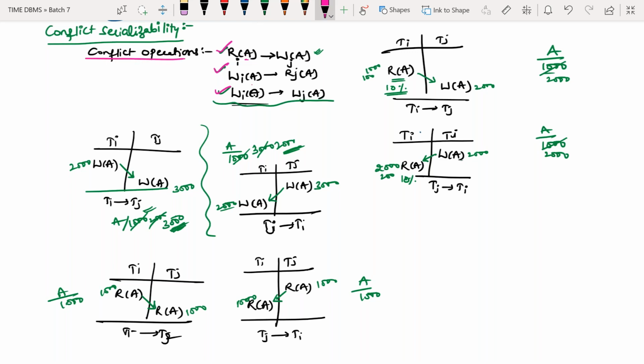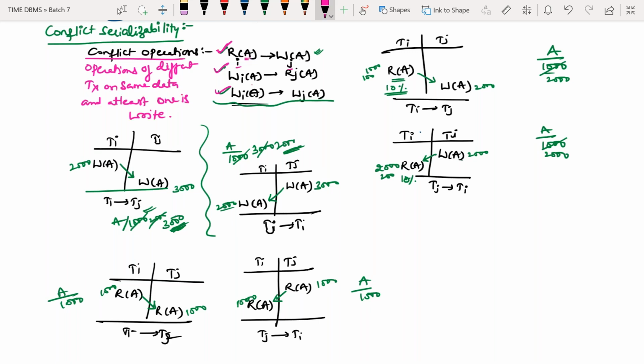So conflict operations are operations of different transactions on the same data, both on A, and at least one is a write operation.